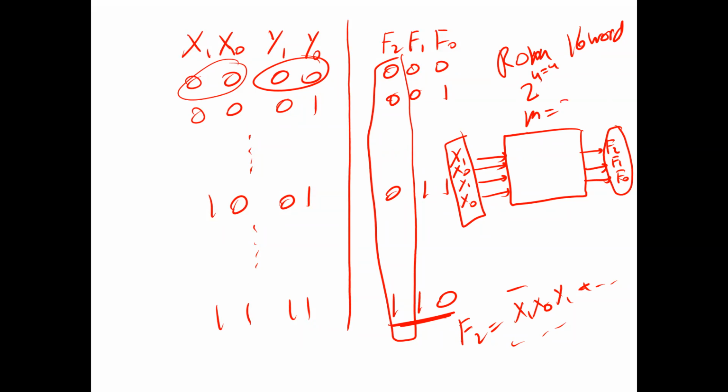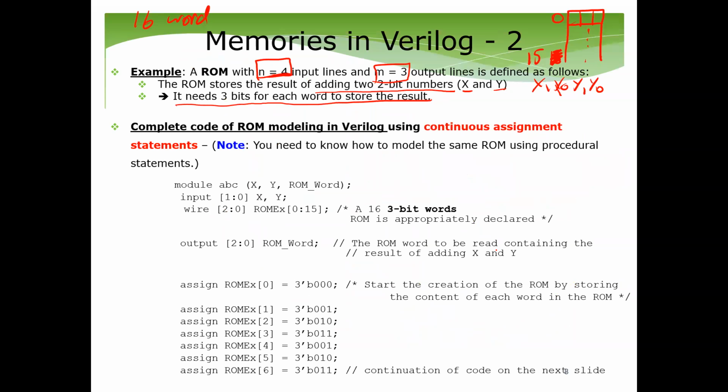So m is equal to 3. So the steps of doing that: first we're going to declare wires for the whole ROM, and then we're going to start filling this ROM with data, and then I just assign the output to whatever input I get.